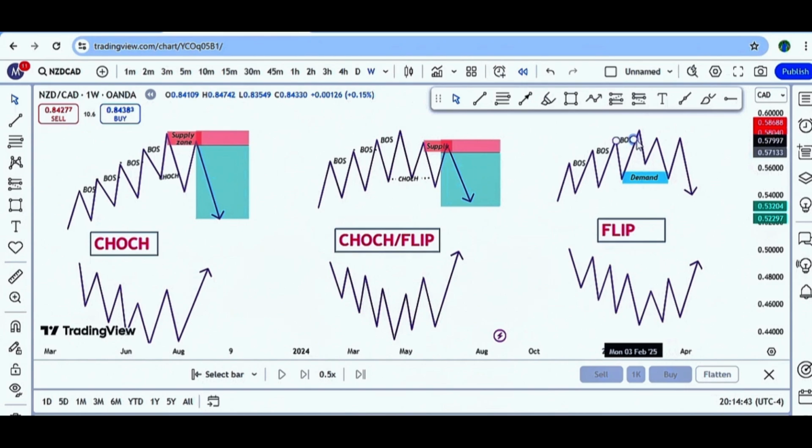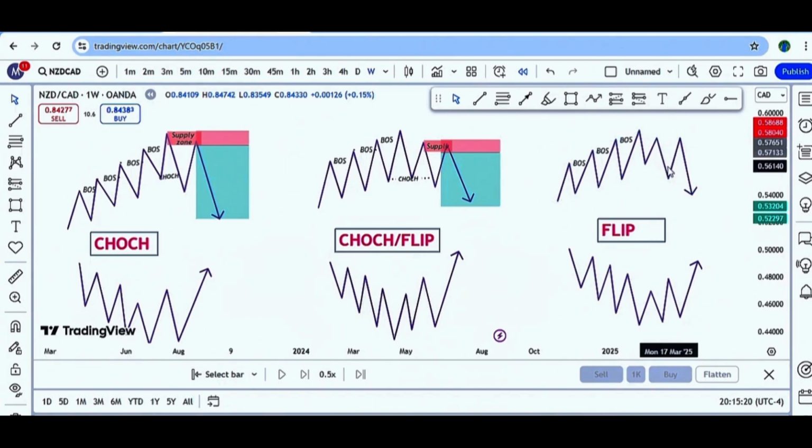The market came down close to the demand zone, went up, wasn't able to take the high, came back, didn't take the low either, but touched the demand zone and flew up. So when we see this kind of market, that's a flip market. It didn't touch the demand zone either, it didn't take the high, and it broke structure, and it came down to the demand zone.